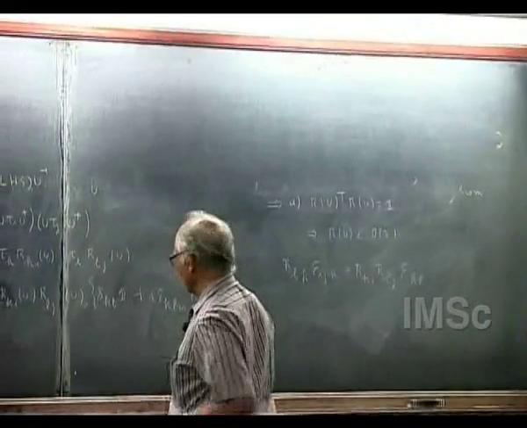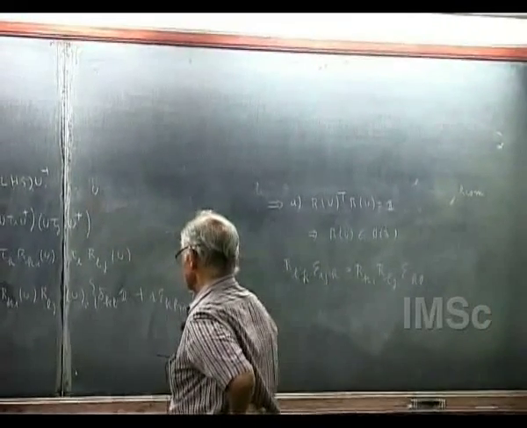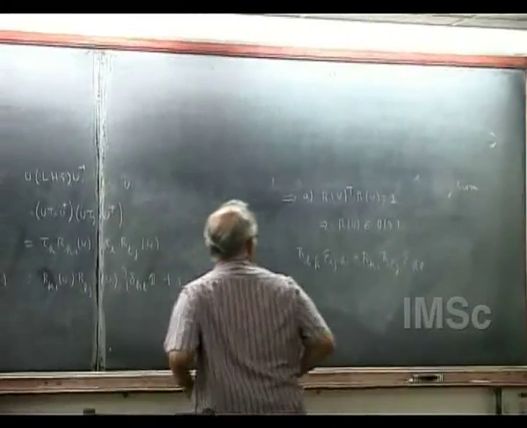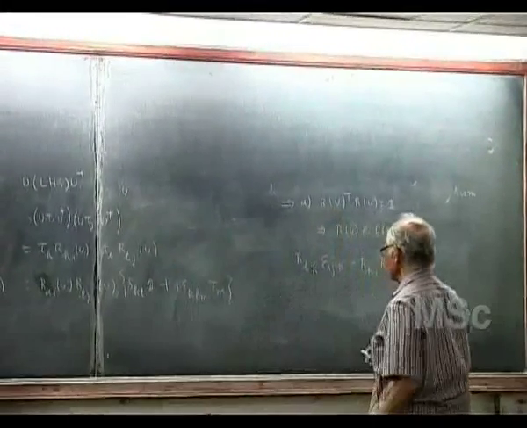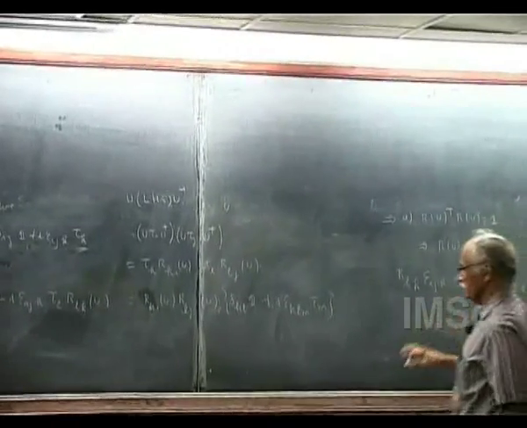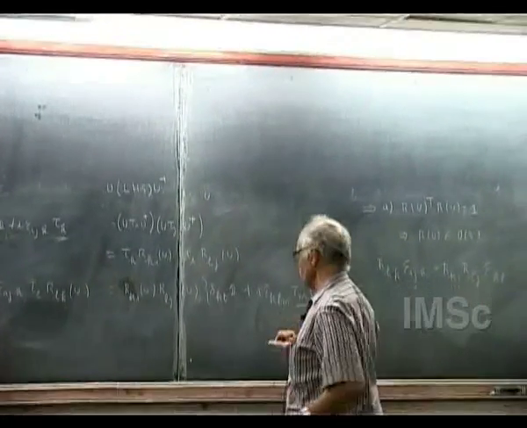I am not very happy with the indices. This is not a major point, but how will I choose my index? I J L, let me see. This is tau m.